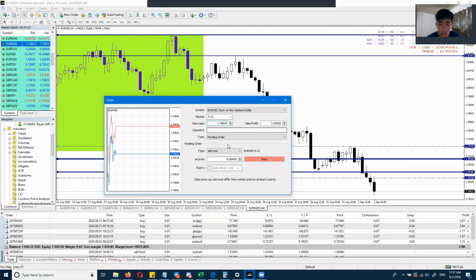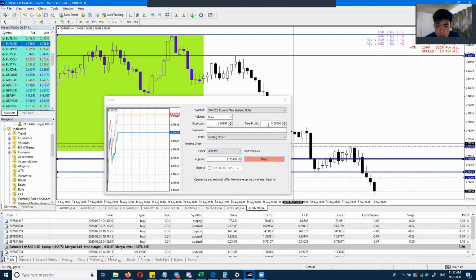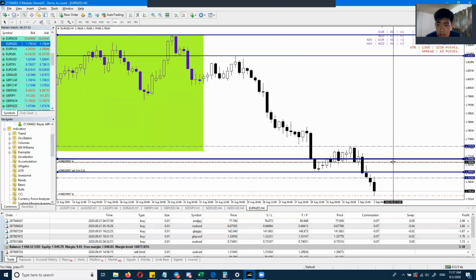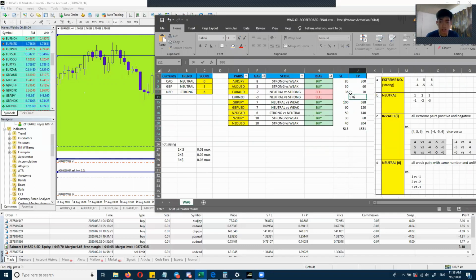So, ang entry price natin is 1.76450. Then TP is the highest point, which is 1.75455. So that is a stop loss of around 40, then TP of 97.